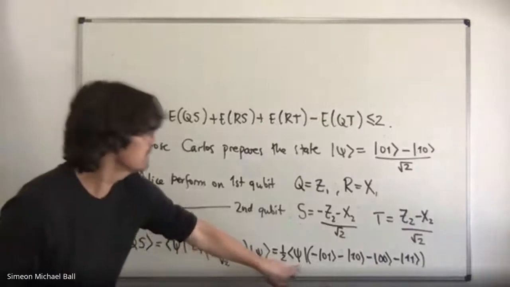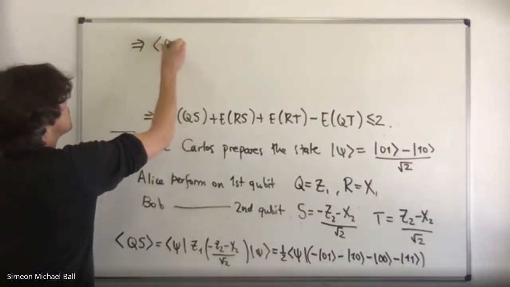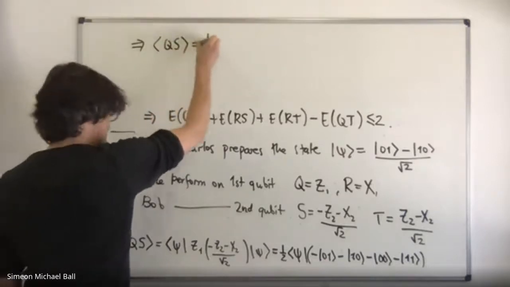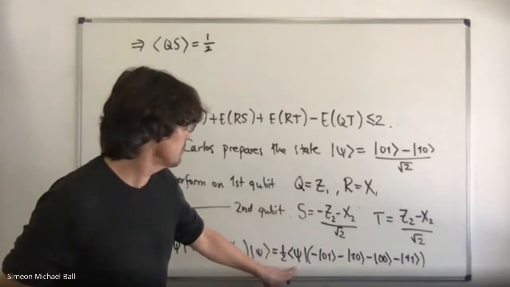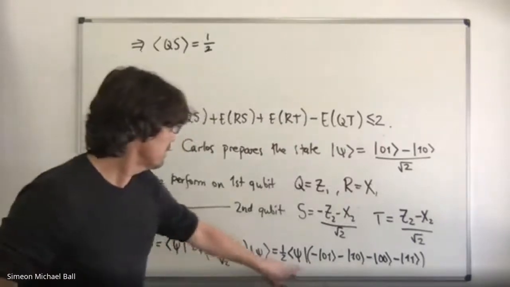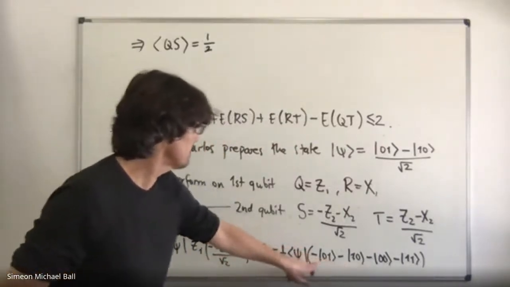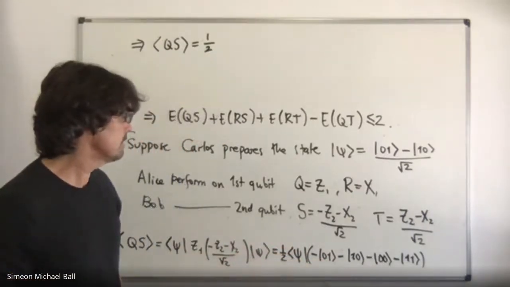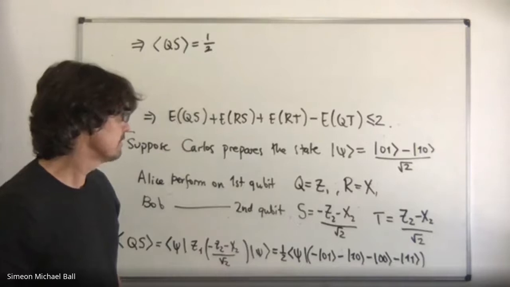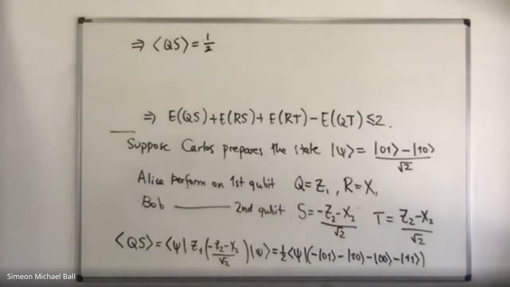Now I've got to substitute this side and just see which term survives. So it's going to be the 0, 1, and if I do the bra of this, I get the 0, 1 and the 1, 0, which are both positive, so I get a negative, and then a positive, and I got 0, and I shouldn't have. So something went wrong.